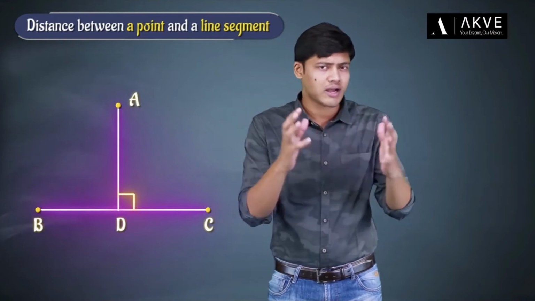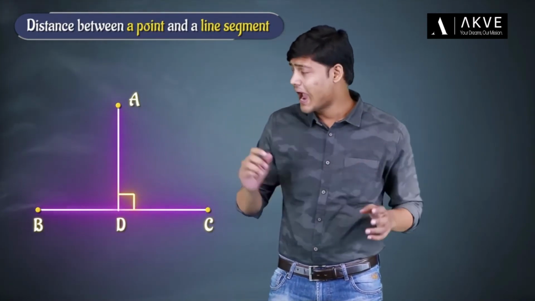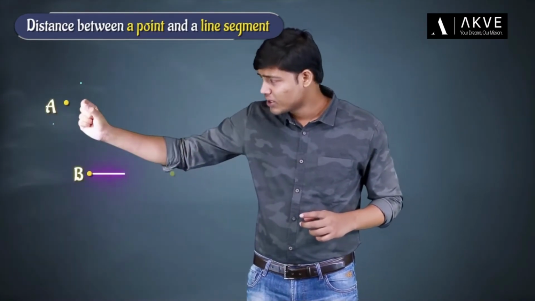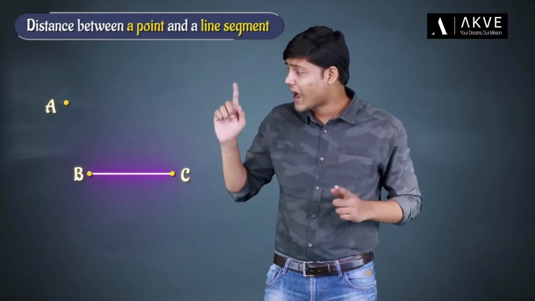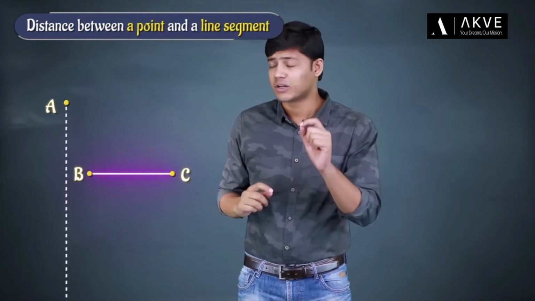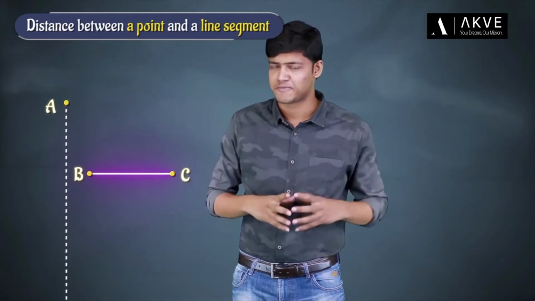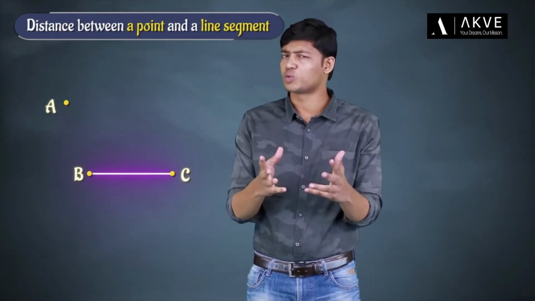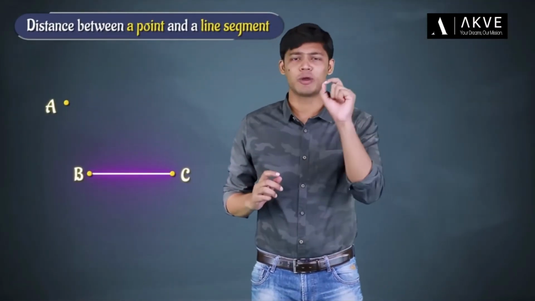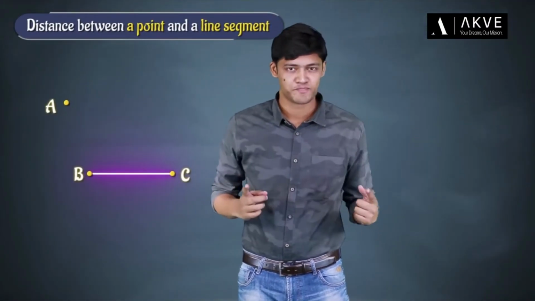Now consider another case where I'll shift the point A to here. Now I cannot draw a perpendicular from this point onto the line. In that case, what would be the shortest distance? In this case, a quick glance will give us the answer.